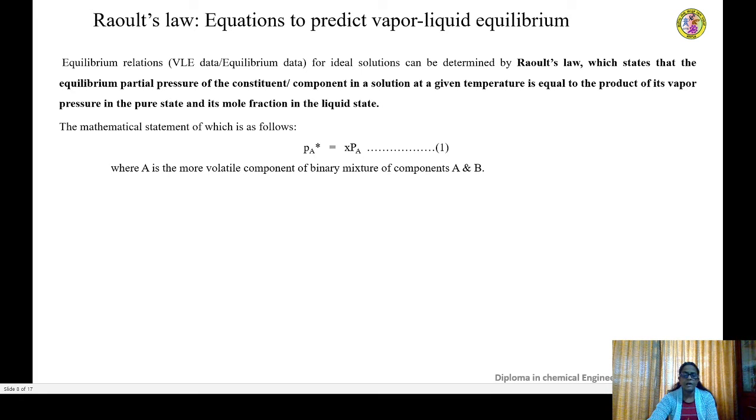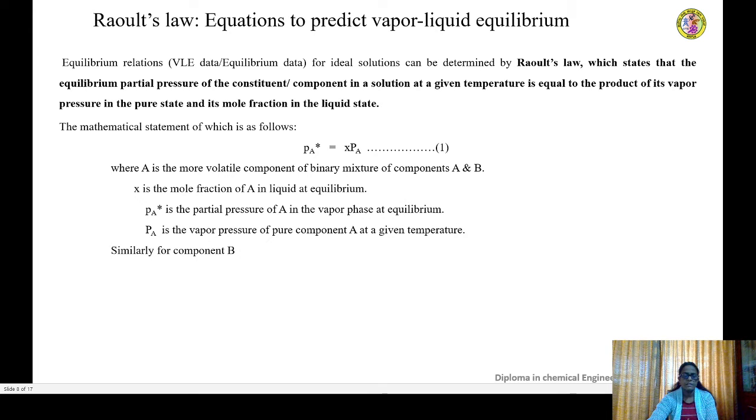So let us now see how this equation can be used to deduce the vapor liquid equilibrium. These are the various terms that are shown in the equation. If the same equation is applied to the component B of the binary mixture A and B, the equation becomes PB star equals 1 minus x into capital PB.